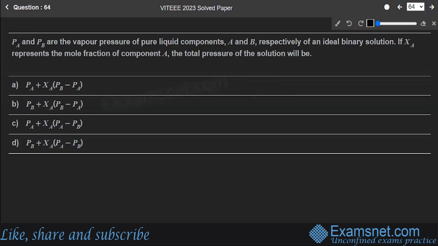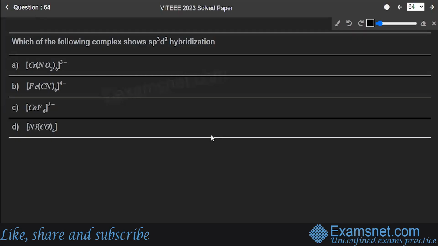Next is question number 64. Which of the following complexes shows sp3d2 hybridization? Among all of these ligands, F is a weak field ligand making only high spin complexes, which has sp3d2 hybridization.